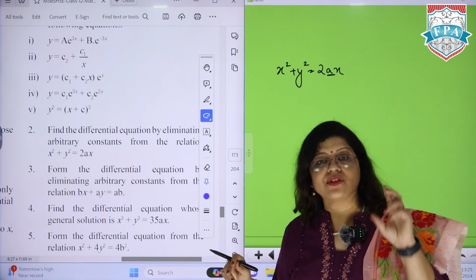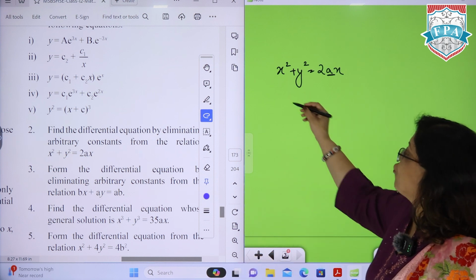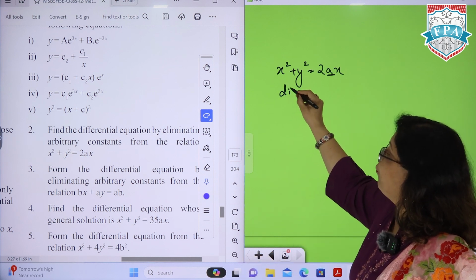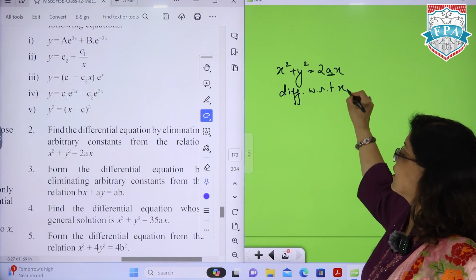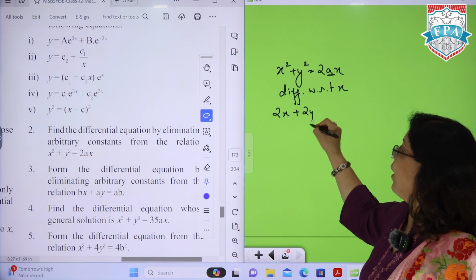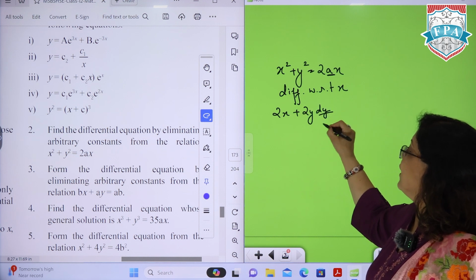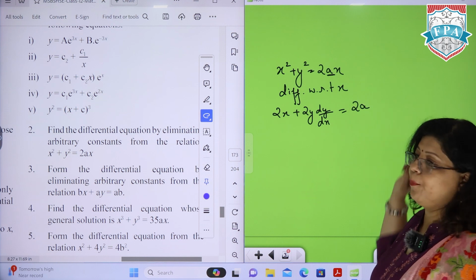Since there is just one arbitrary constant, what are we going to do? Differentiate it just once. Differentiating with respect to x, what are we getting? 2x plus 2y dy by dx is equal to 2a.